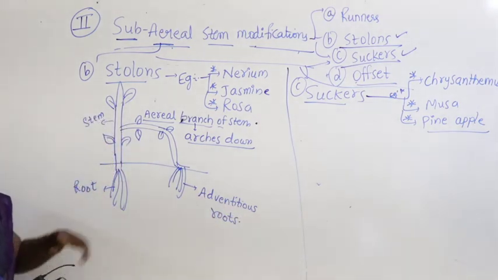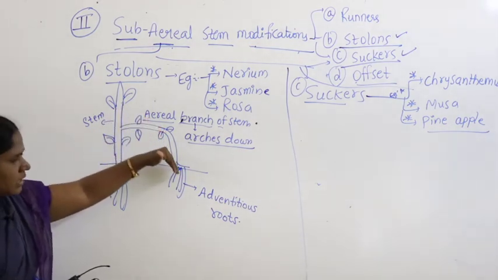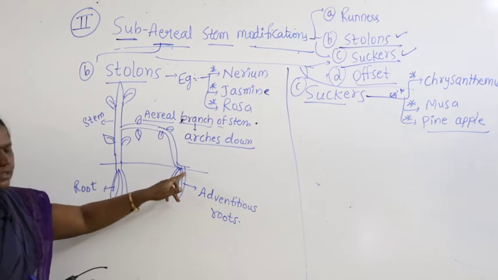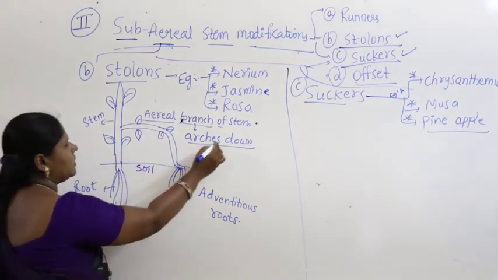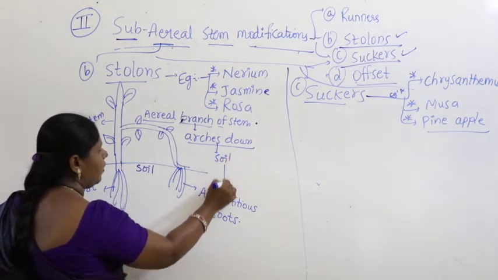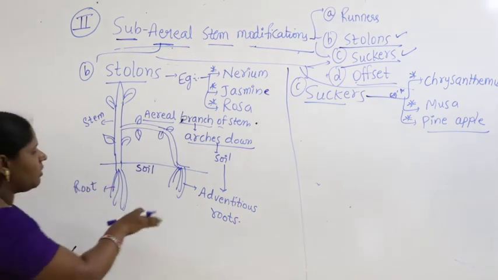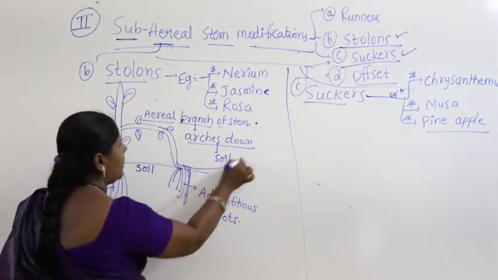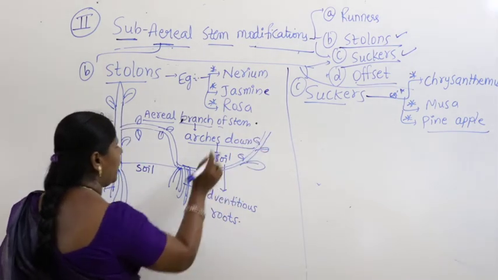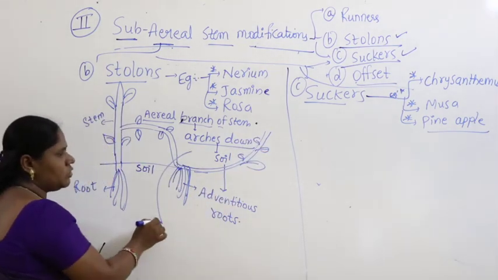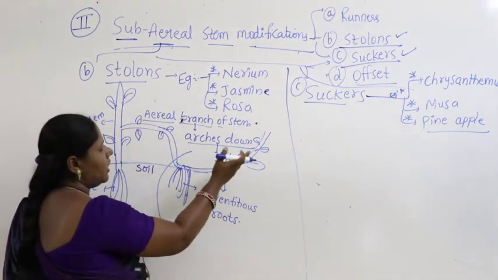I repeat again. The aerial branch of the stem arches down, and wherever it comes in contact with the soil, it leads to formation of adventitious roots. The moment it forms adventitious roots, it again grows in upward direction and gives rise to a new plant. So if you cut at the adventitious root and keep it in the soil, you can see formation of another plant.